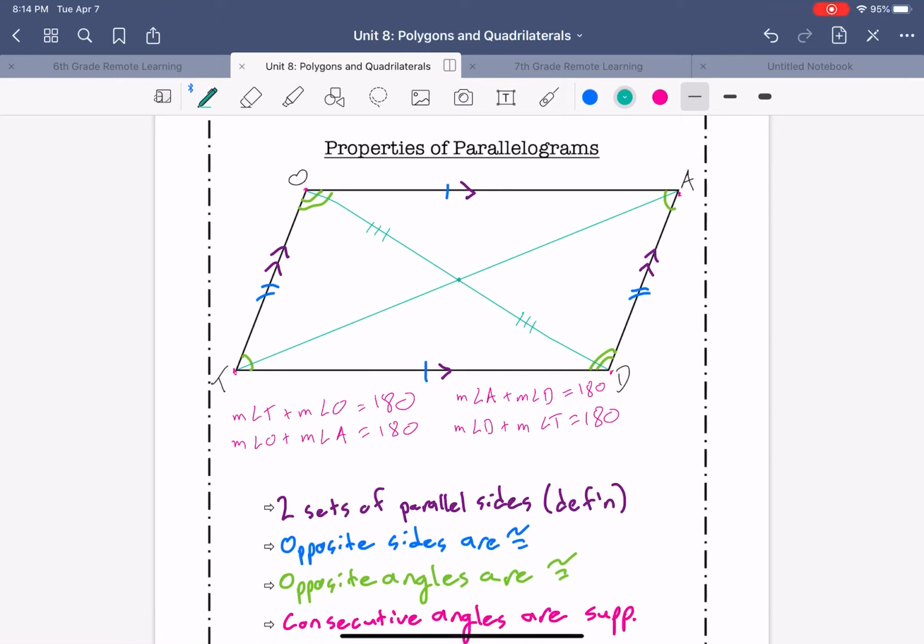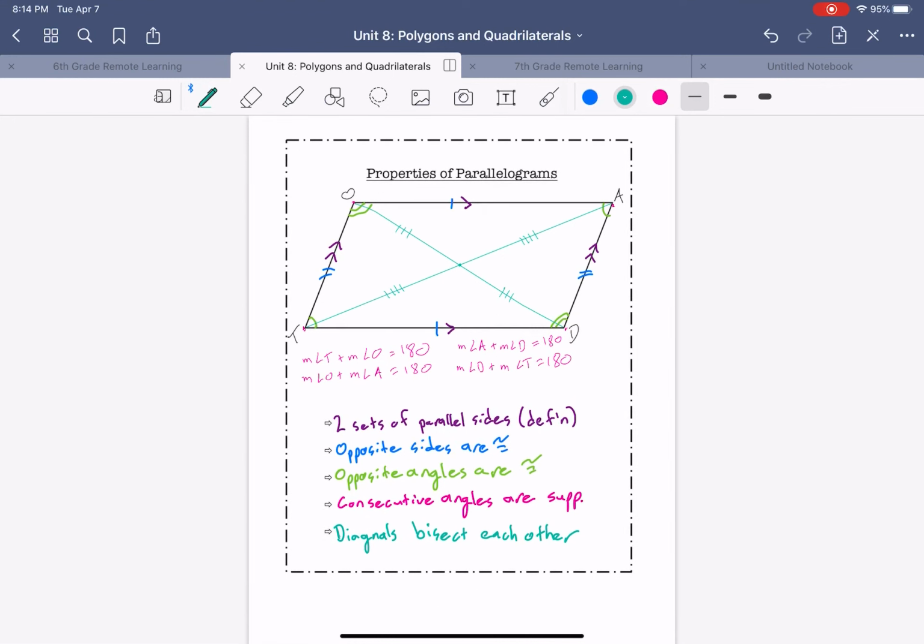So they cut each other in half in each direction. And then this segment and its other segment on the diagonal are congruent. The diagonals are not necessarily congruent. They could be, but they're not necessarily. So these are our main properties of parallelograms. Later on, we're going to talk about more specific properties of special types of parallelograms and also other quadrilaterals.